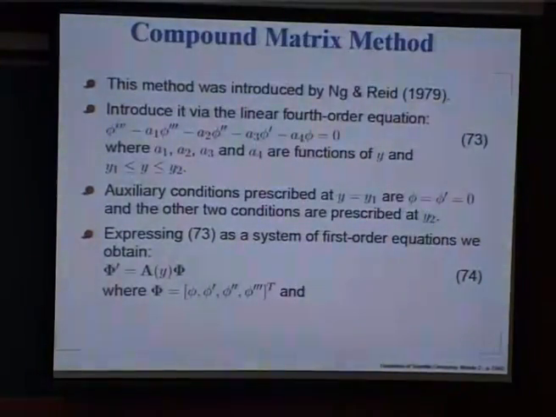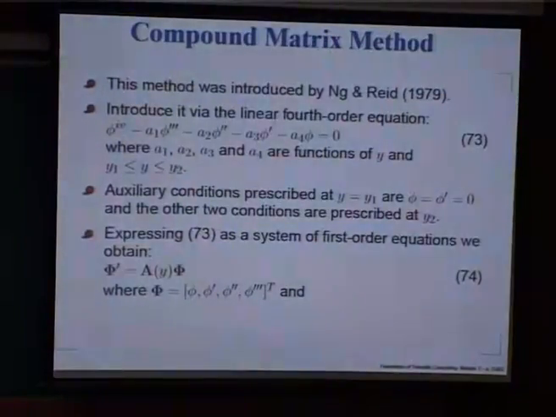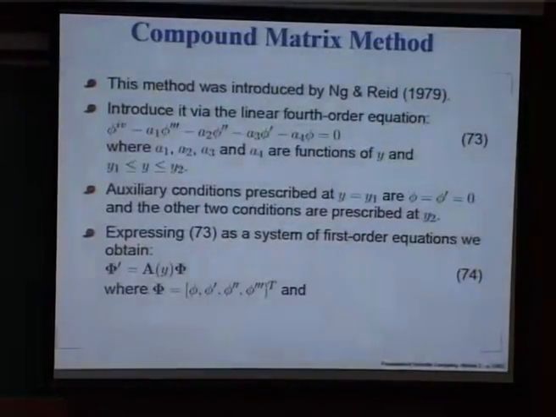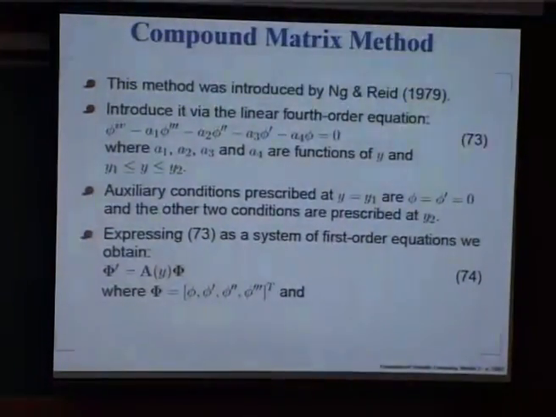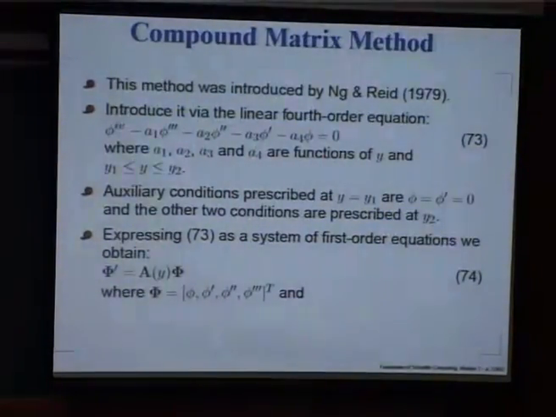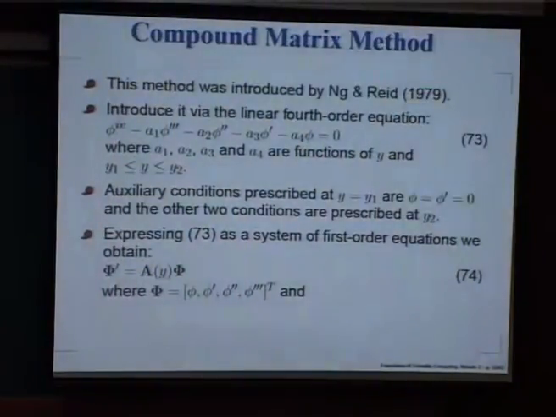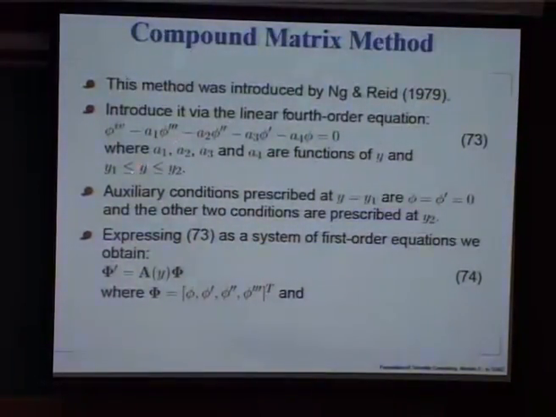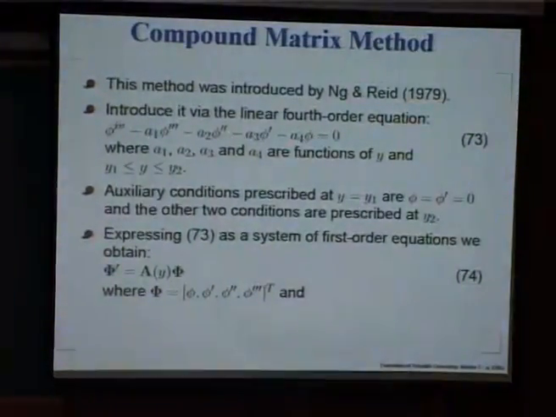This came out with the work of Ong and Reed, who were actually looking at solving problems of instability, solving eigenvalue problems. So, essentially you may have some kind of a linear equation, and fourth order equation happens to be a favorite for many physical systems. So, let us try to understand it with respect to this linear fourth order equation.